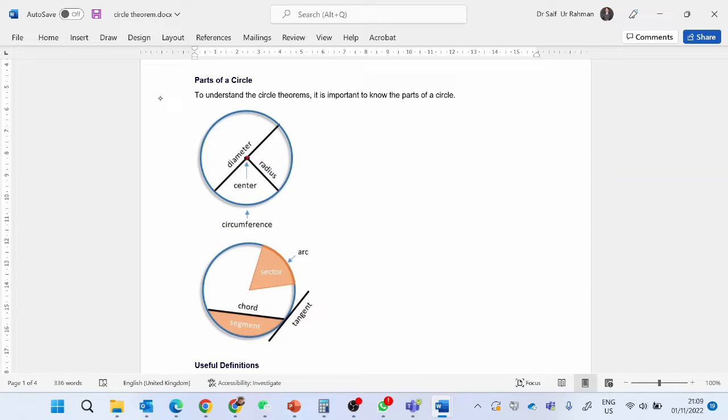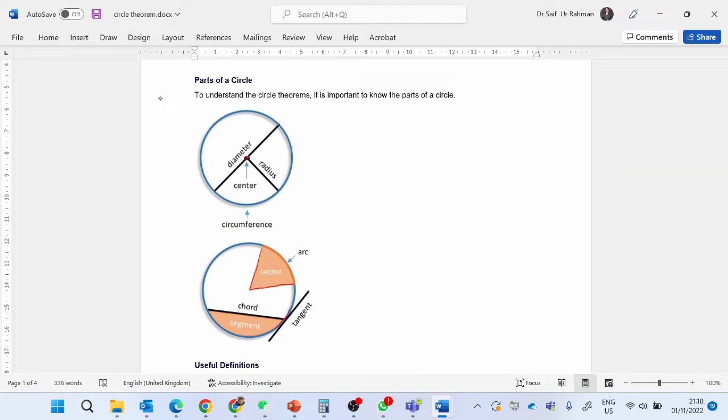A chord is a line which is crossing a circle from anywhere, and it has to start at one end and end at the other end of the circle. It means it should touch two points on the circumference and divide the circle into different portions.